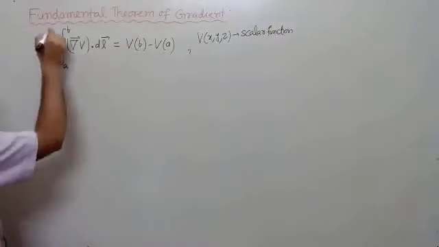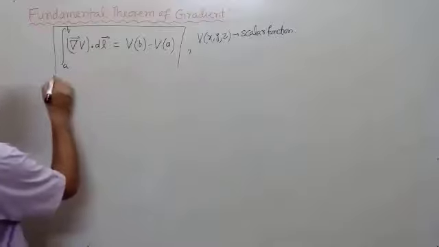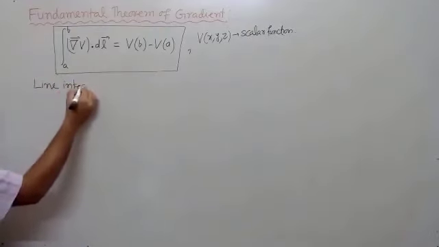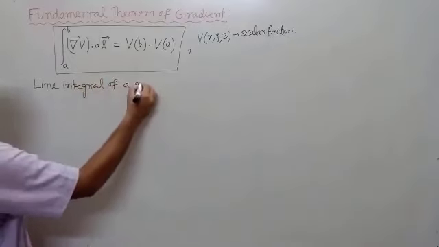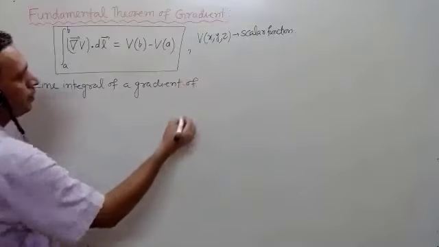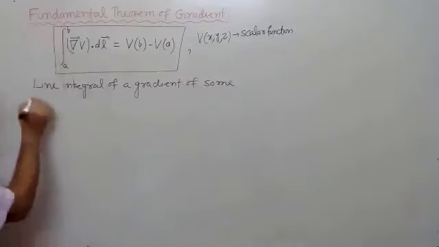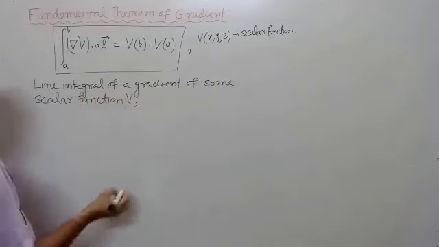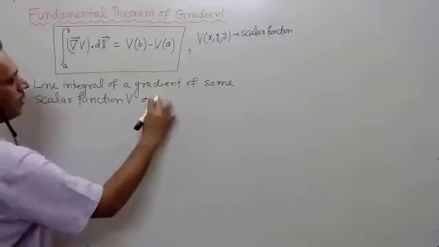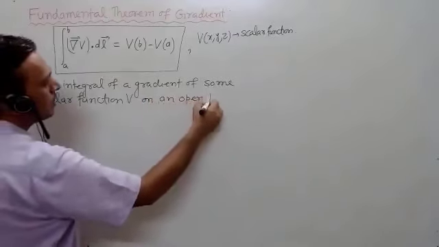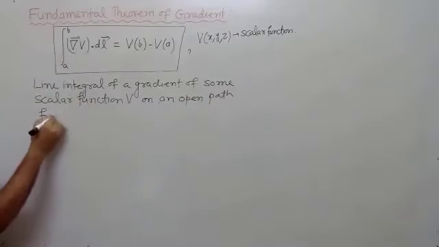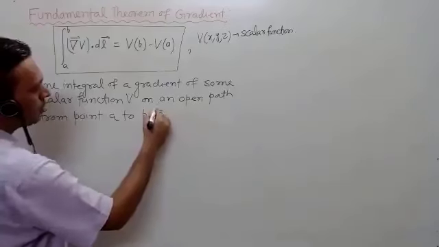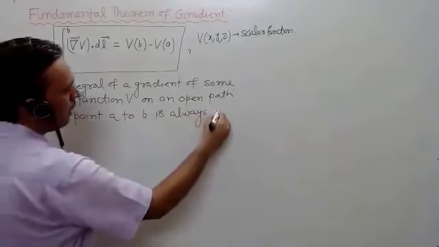So what does this represent? You can write: the line integral of the gradient of some scalar function v on an open path from point A to B is always independent of path.